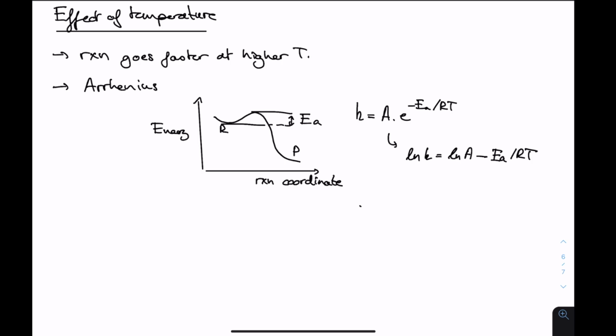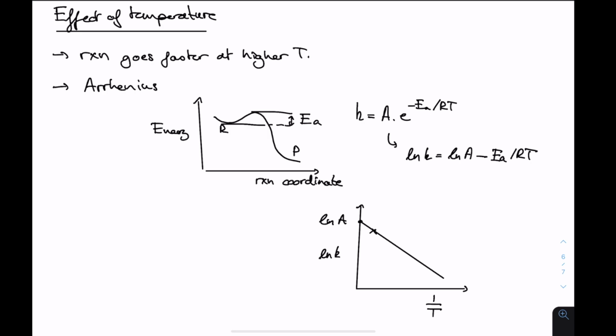So if we plot ln k on this axis versus 1 over temperature here, we will get a line, right, with experimental values where the slope is EA over R and the crossing of the y-axis is ln A, right?